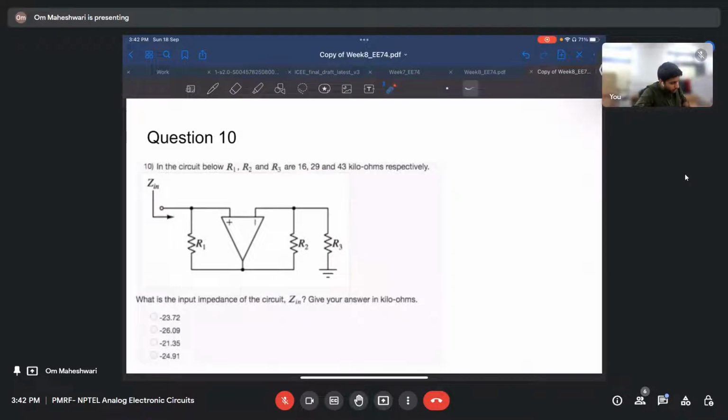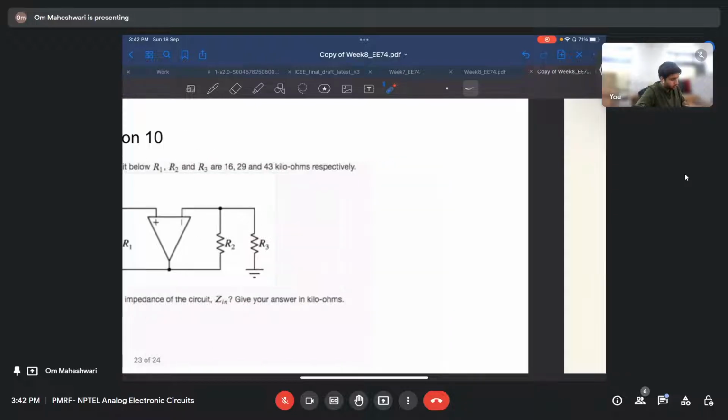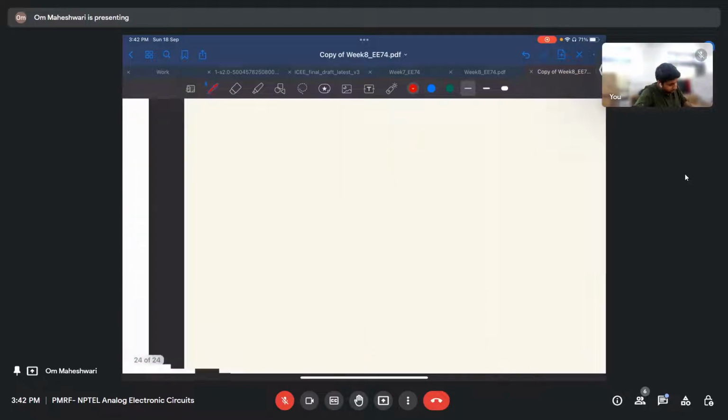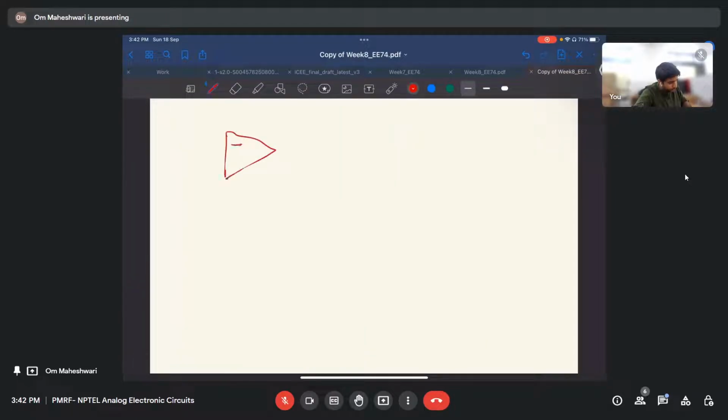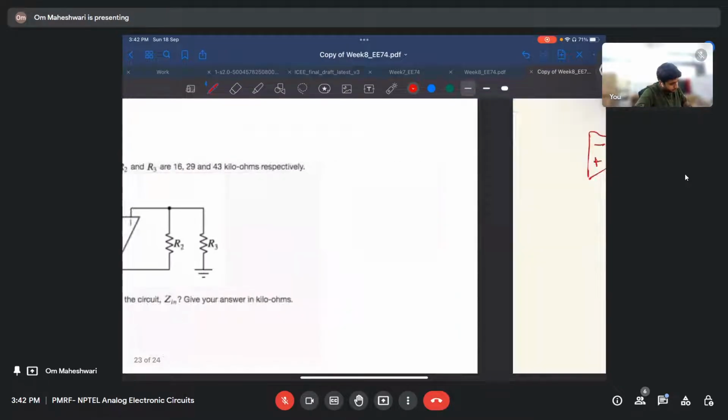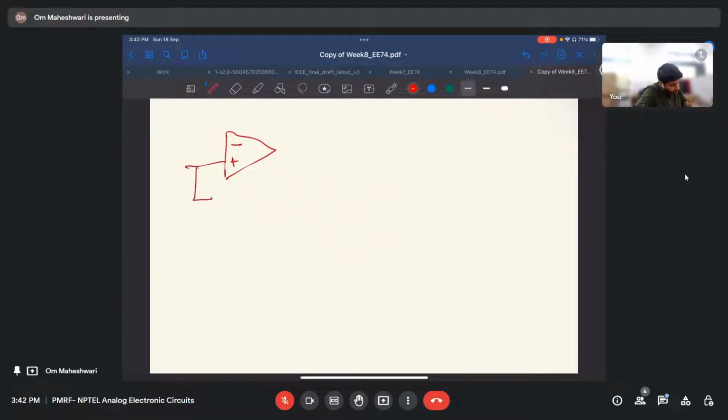So here we have to find the input impedance seen from here. Let us solve this. So I will redraw it. I'll rotate and draw minus plus, and the plus side is R1.